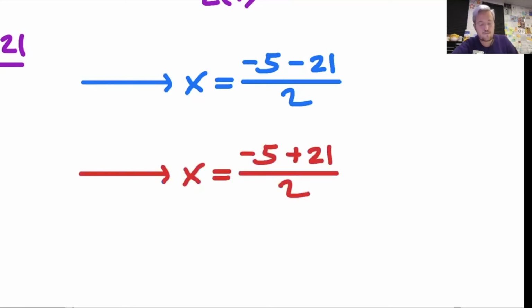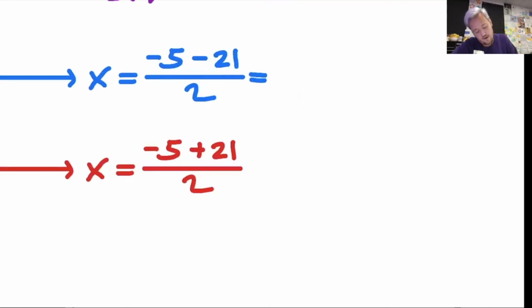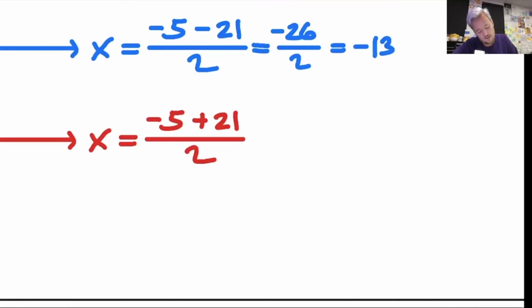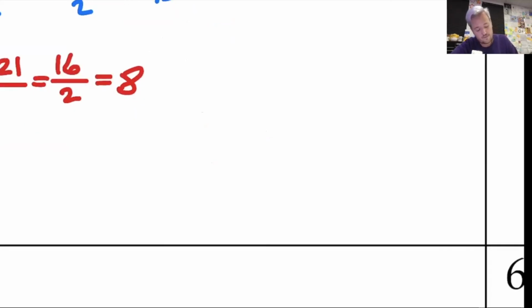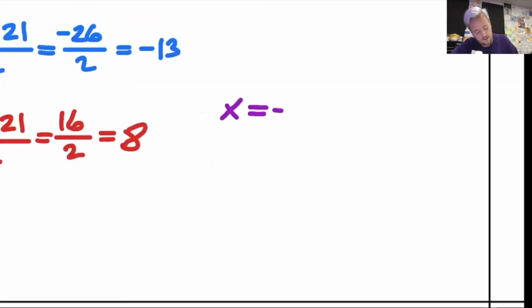All right, so in the top, you're going to have negative 5 minus 21, which is going to give you negative 26 all over 2, which is going to simplify to negative 13. And in the second one over here, we're going to have negative 5 plus 21, which is going to give you 16. And when that simplifies, you're going to get 8. So there's no simplest radical form. There's no decimal expansions or anything that we have to do. So you can simply write x equals negative 13, comma 8.